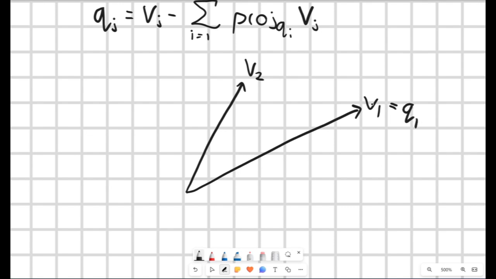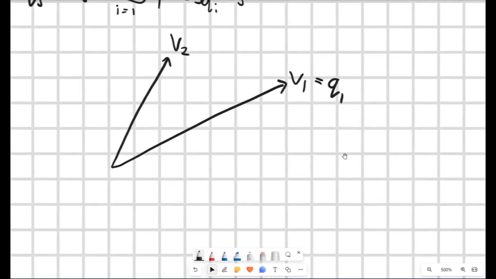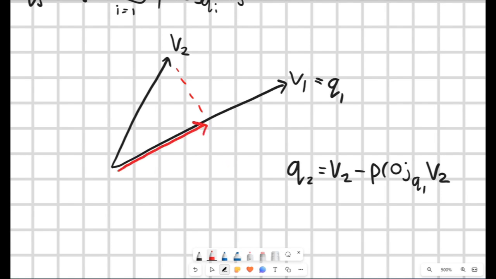Then the second iteration of our algorithm, when we're trying to find q2, what we do is we set q2 equal to v2 minus the projection onto q1 of v2. We draw another dashed line here, which is equal to that vector there.